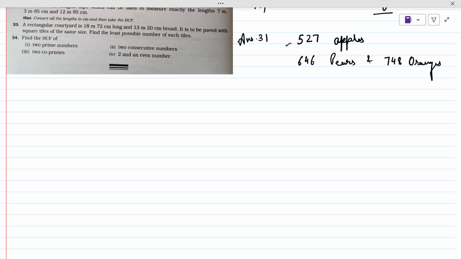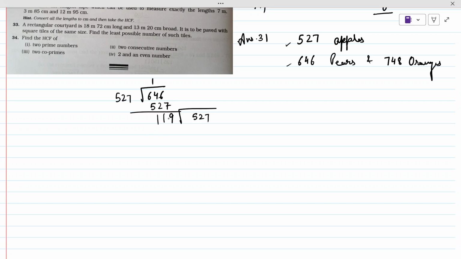I'm picking these 2 numbers, 527 and 646. 646 divided by 527, 1 here, 527. Now 16 minus 7 will give us 9, and then 3 minus 2 will give us 1. 6 minus 5 is 1 again. And then the second step.